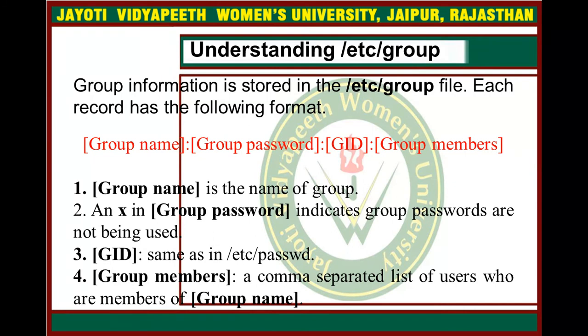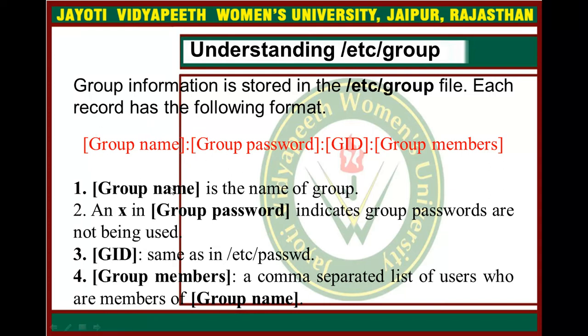So each record has the following format. Okay, like group name, group password, gid and group members. Group name is the name of the group, and you have to mention it in this column, the group name column.